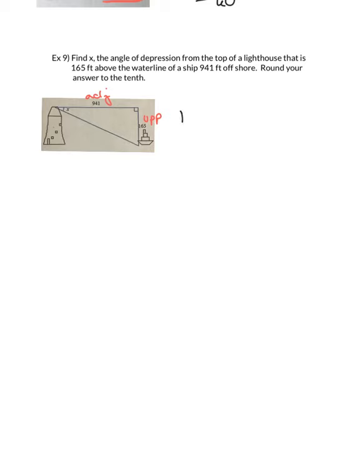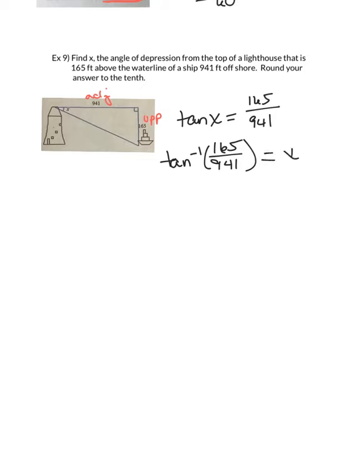So we would say that the tangent of angle x has to equal opposite 165 over the adjacent 941. Again, we're finding the angle, so we're going to have to do the inverse tangent of our relationship of 165 over 941 will give us the angle. And when you put that into your calculator, this one comes out a little bit easier to read. You get 9.9 degrees.